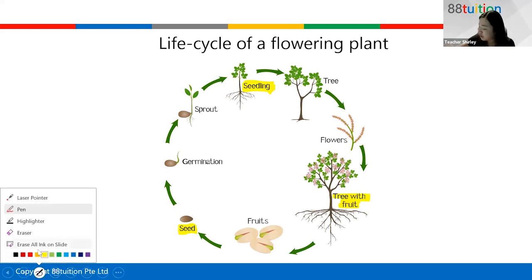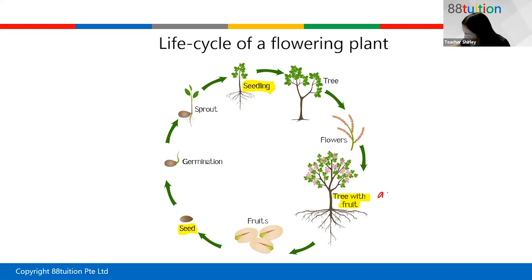This is what we call an adult plant, when the plant has leaves, it has flowers, it has fruits. It might not have fruits, but when it has flowers, it's considered an adult plant. So this is the life cycle of a flowering plant, from seed to seedling and then to adult plant.